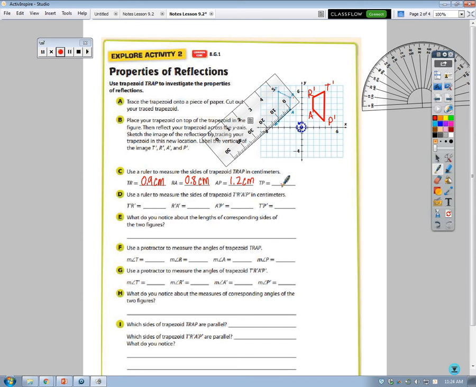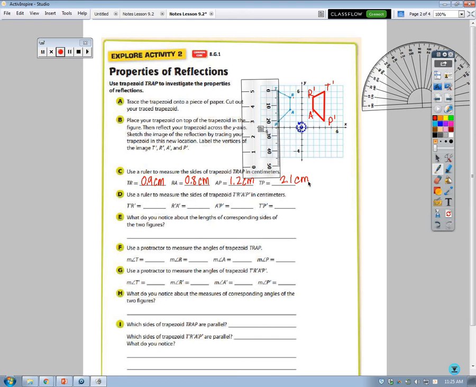And then I'm going to measure side TP, so I'm going to take this, move this up, make sure it's lined up here. And then I'm going to measure that side. And it looks like it's right about 2 centimeters. 2.1? 2.1 centimeters, just slightly over. So this is 2.1 centimeters.